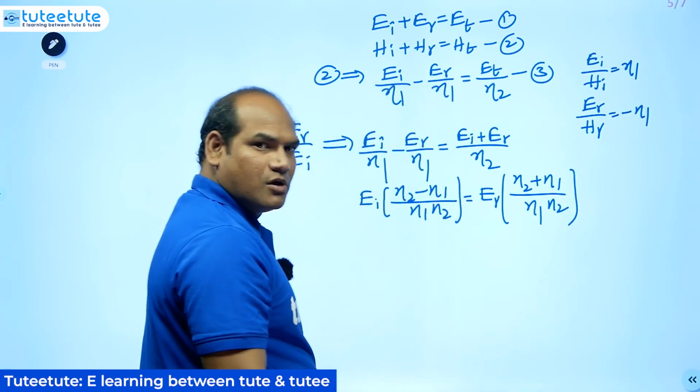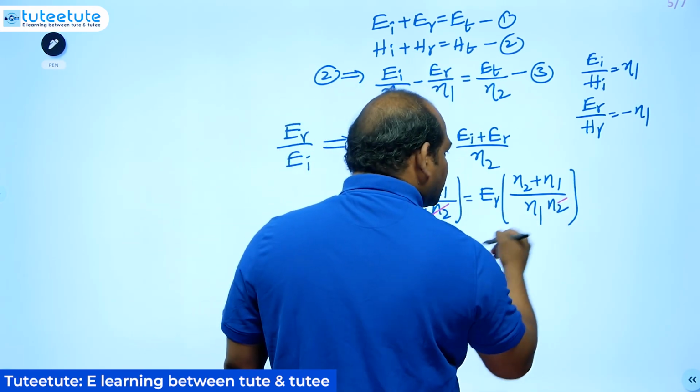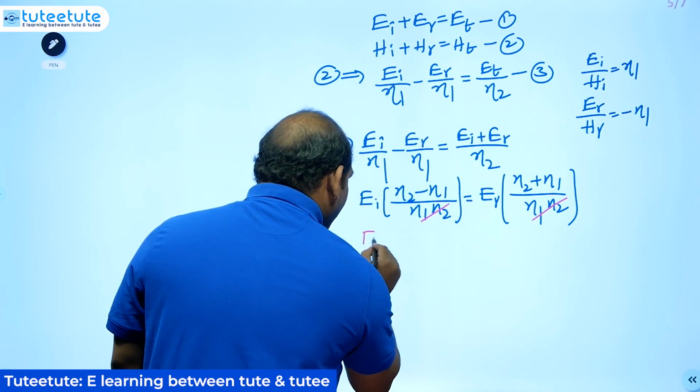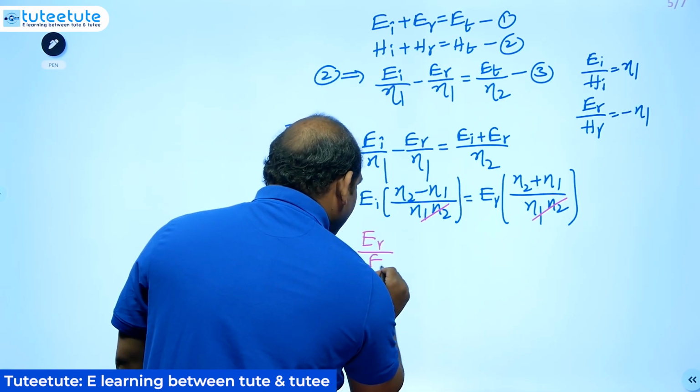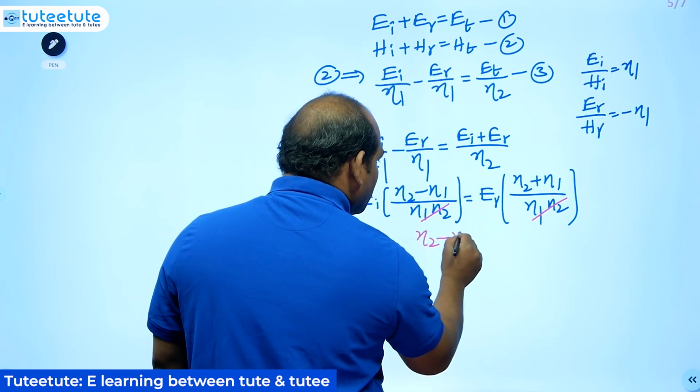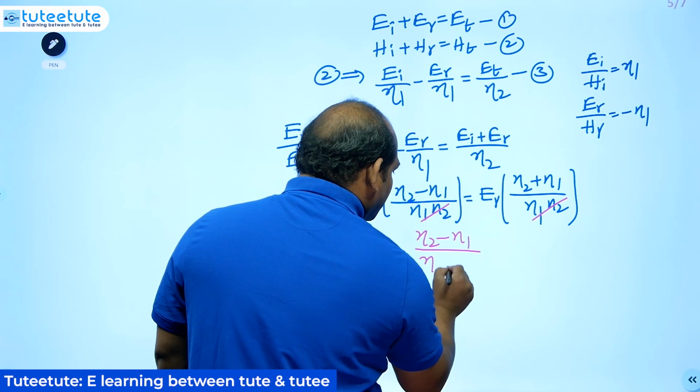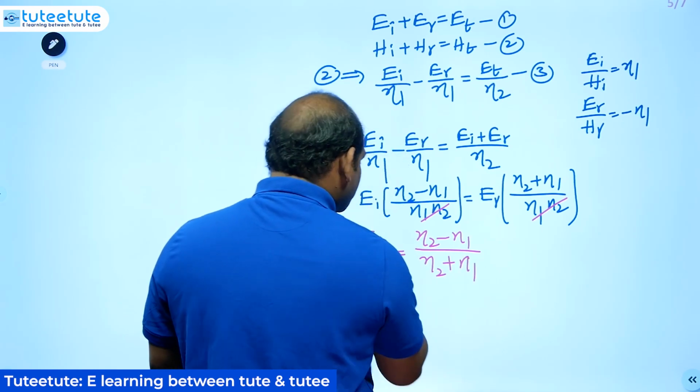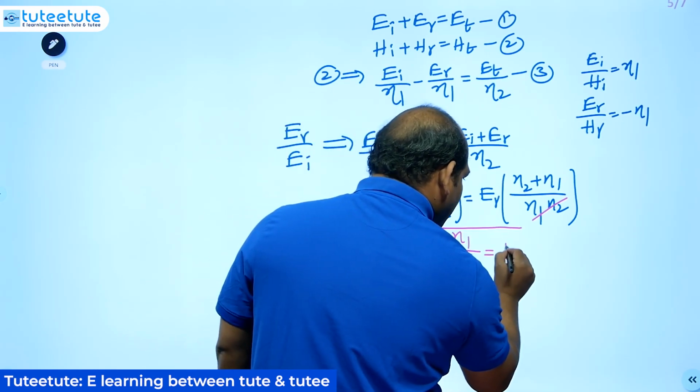Eta 1 eta 2 will be cancelled. So what will we get finally? ER by EI is equal to eta 2 minus eta 1 by eta 2 plus eta 1. This is actually given by gamma.